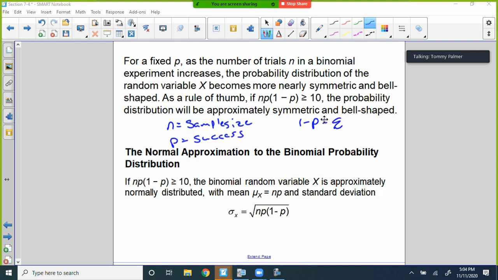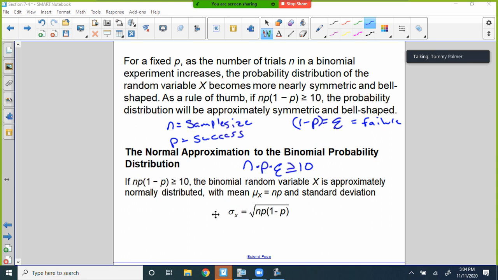So I'll refer to Q several times, but that is just 1 minus P. That's basically the failure, the percentage of failure. You either have a success, and then 1 minus P is how much percent is failure. So if N times P times Q is greater than or equal to 10, where Q is 1 minus P, then we can do a normal approximation on a binomial probability distribution.